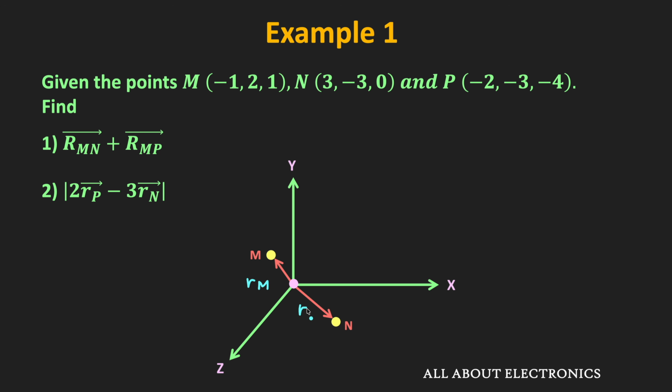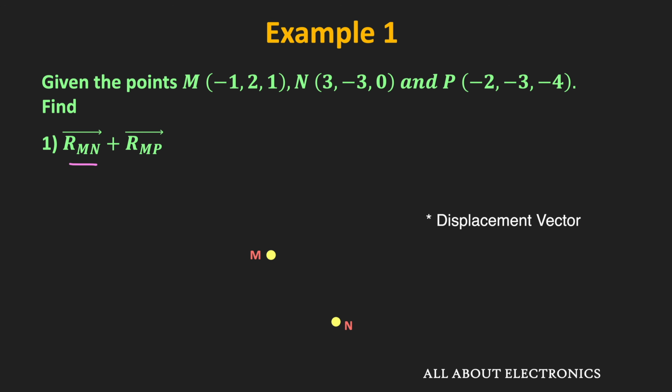Now this vector Rmn is the vector drawn from the point M towards the point N. Mathematically, it can be represented as Rmn equal to Rn minus Rm.